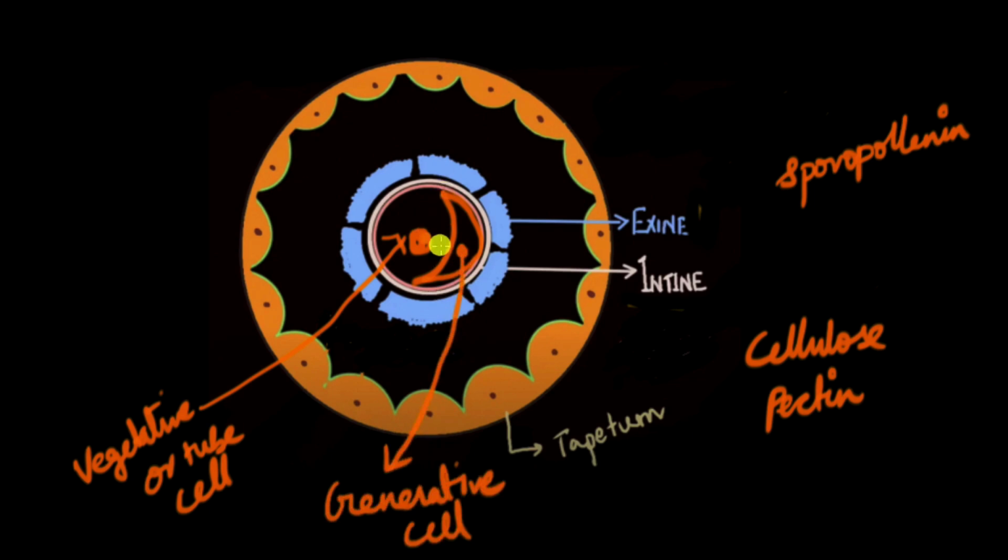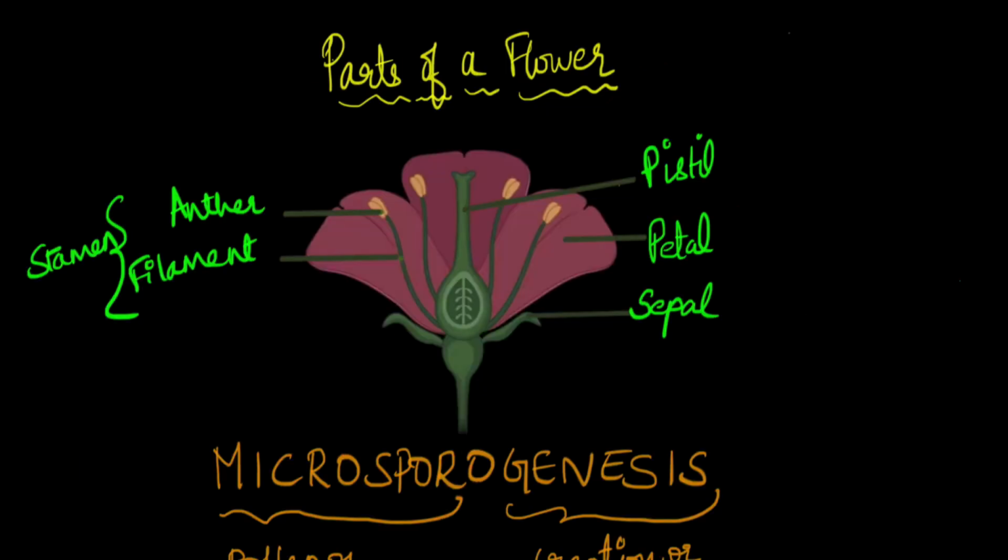So what is the purpose of this vegetative and generative cell? To understand this, let's go back to the flower. Here we are at the flower again, and the pollen grain has now divided into a larger cell with an irregular nucleus called the vegetative cell, and a smaller cell with a smaller nucleus that floats in the vegetative cell, called the generative cell.